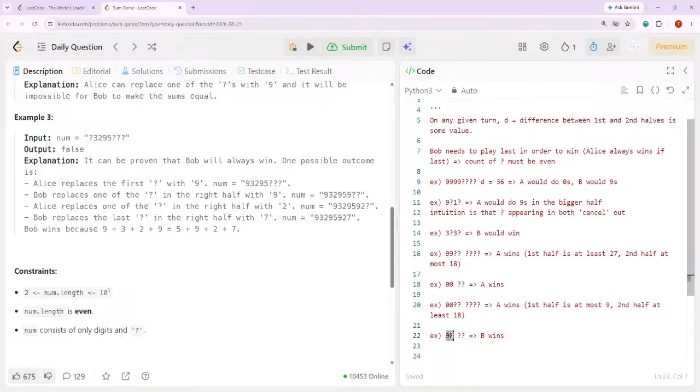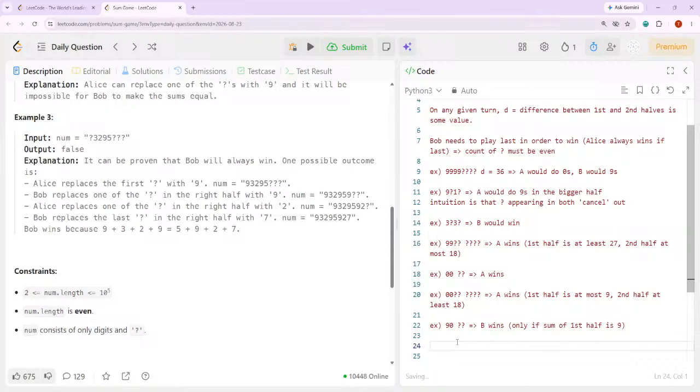So it could be 1-8, could be 2-7, 4-5. Okay, interesting. So it's some sort of complementary deal. Every pair of digits needs to kind of add up to 9 in some fashion.